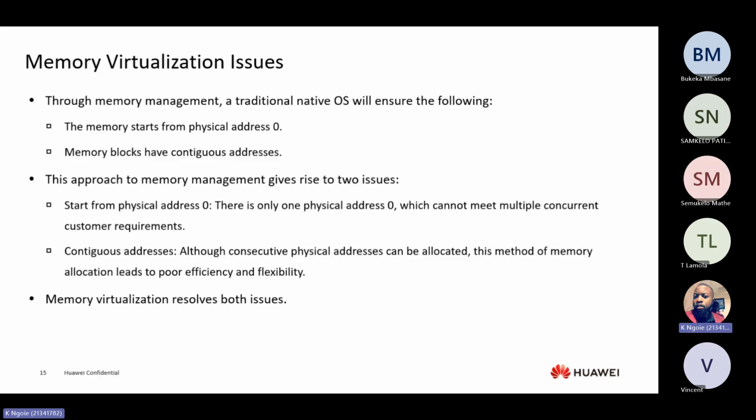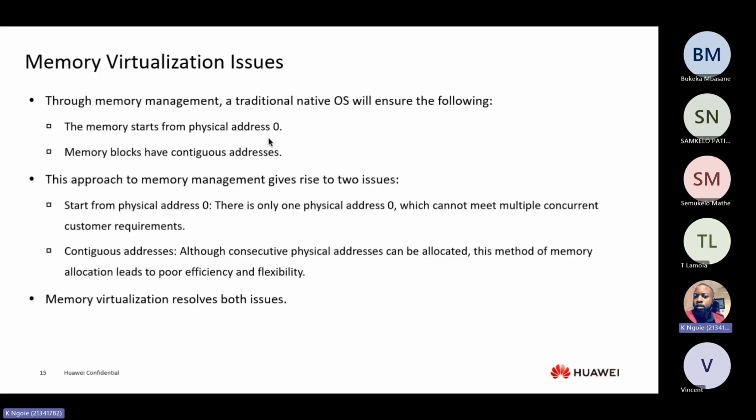This is different from virtual machines, because in virtualization we have multiple machines that are assigned certain amounts of memory. You can't have the operating system looking at the whole memory of the server thinking it can use all of it. So with memory virtualization, we have a memory virtualization issue, which means that there is only one physical address 0, right?